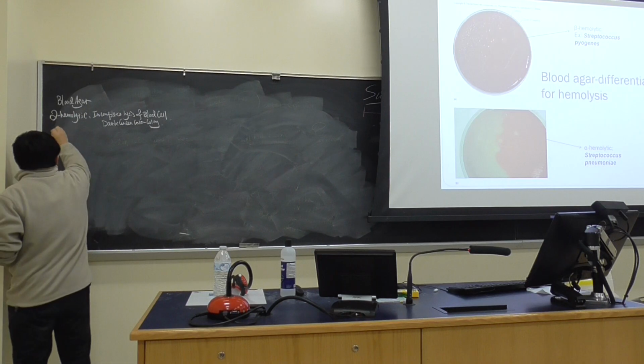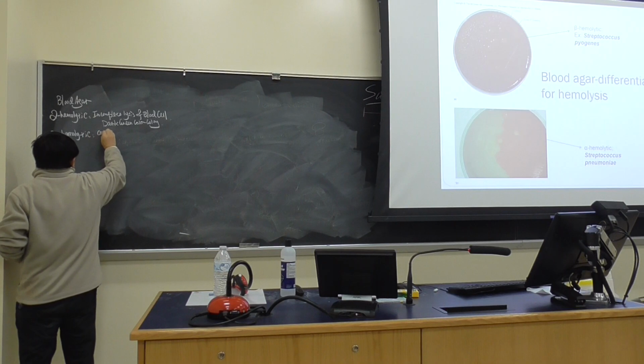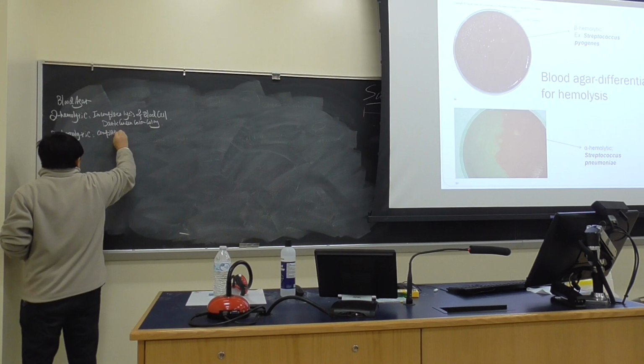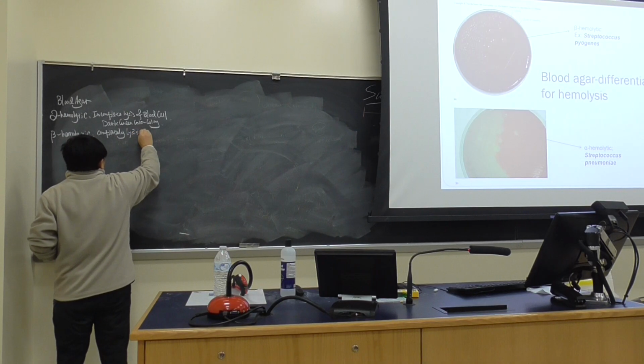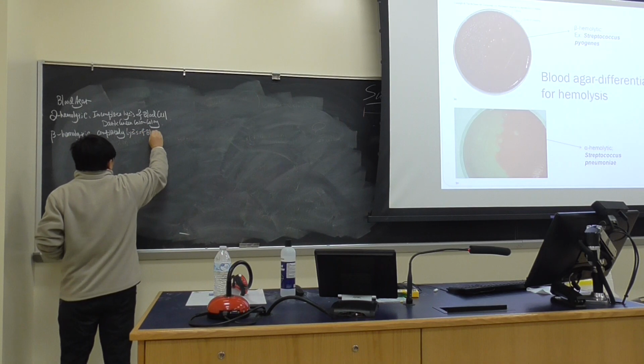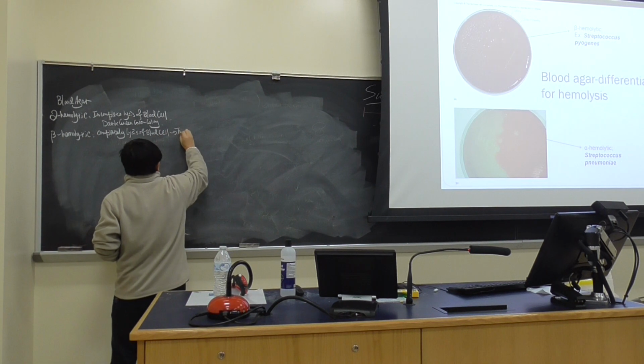What can also happen is beta hemolytic. Beta hemolytic is complete lysis of blood cells, which shows you a transparent colony.